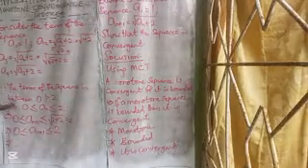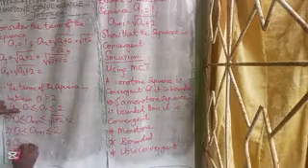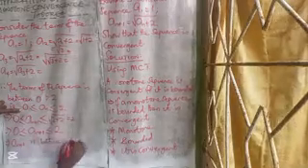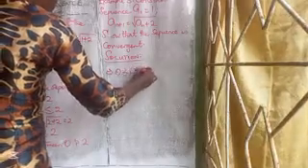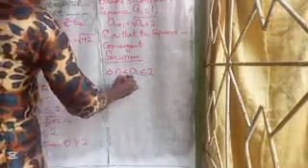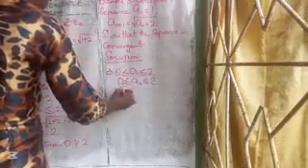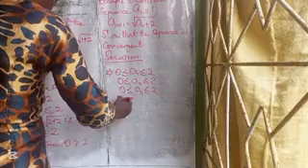Since the terms a sub n are between 0 and 2, a sub n plus 1 is also between 0 and 2. 0 is less than or equal to a sub 1 less than or equal to 2, 0 less than or equal to a sub 2 less than or equal to 2, 0 less than or equal to a sub 3 less than or equal to 2.